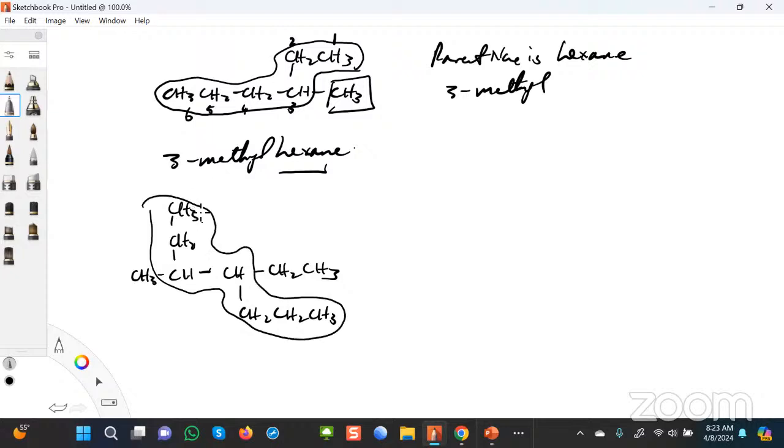And we start numbering from here. I explained the reason why that is already. 1, 2, 3, 4, 5, 6, 7. So the parent name is, in this case, heptane.